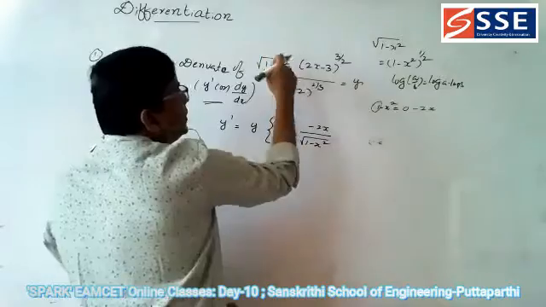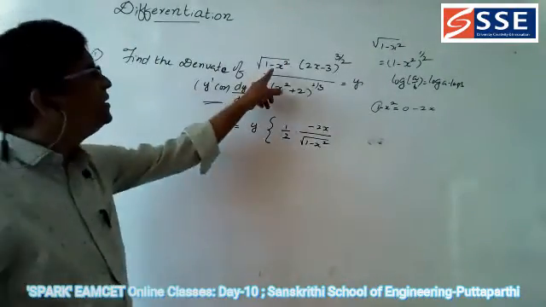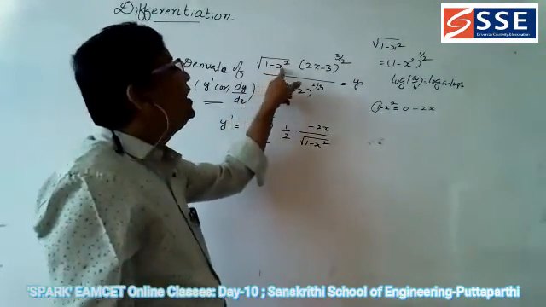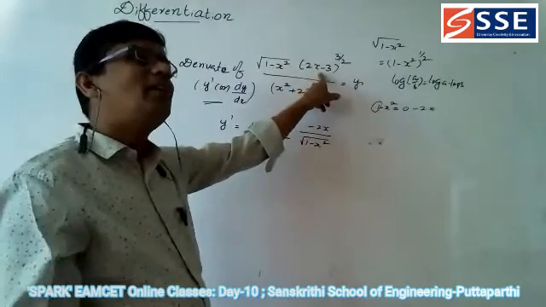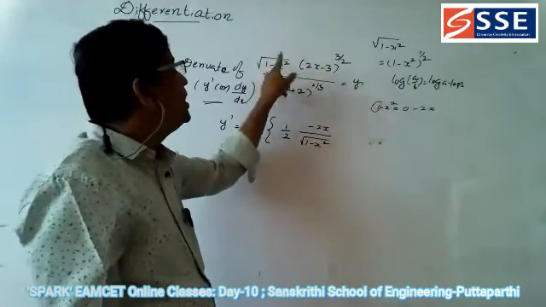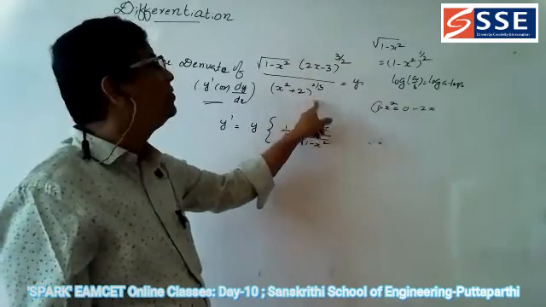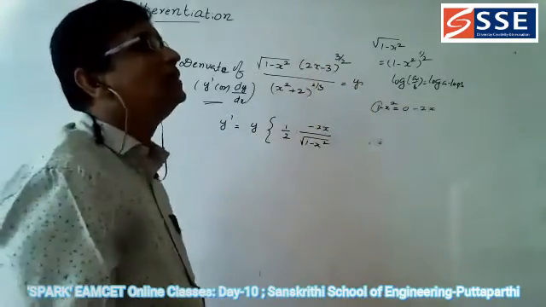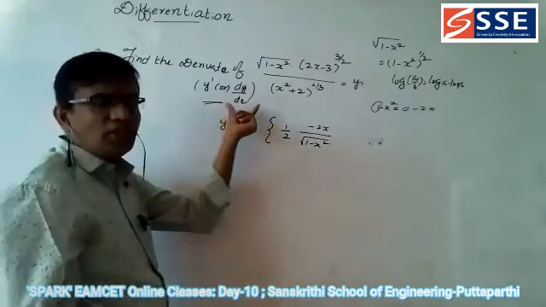Again, this is in the form of log a into b. The formula of log a into b is log a plus log b. So log a plus log b minus log c. This term, if you bring it up, it becomes minus. Taking the logs on both sides, differentiate.